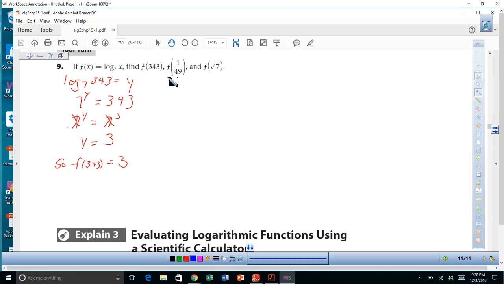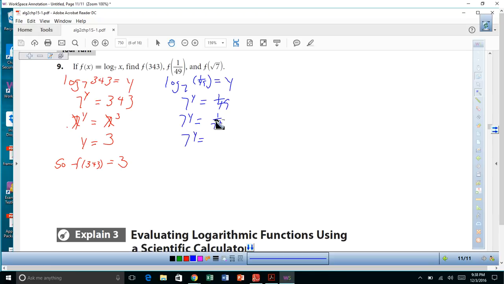Now, let's see. Log base 7 of 1 over 49 equals y. All right, good. So we have 7 to the y power equals 1 over 49. That's 1 over 7 squared, right? 7 squared is 49.